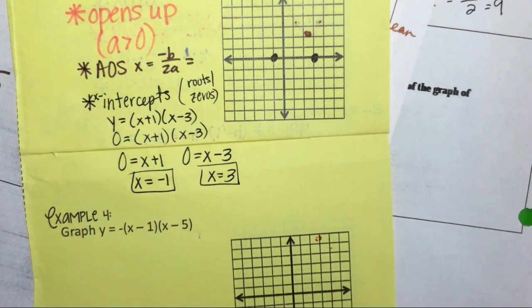So I know where those zeros are. Now we've got to find some more things. How do we find that axis of symmetry from here?